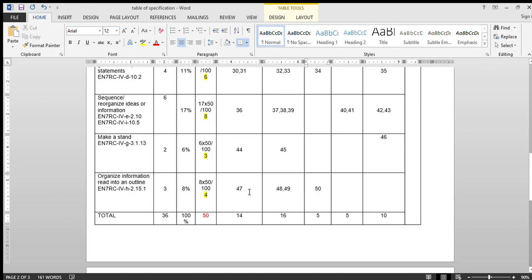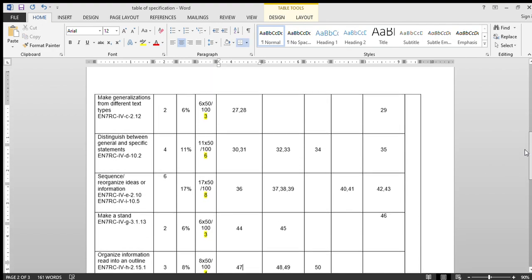For remembering, I put the number 47, then 48, 49, then the last number is 50. Let's count 1, 2, 3, and then 4. So we have four number of items. So it is correct.